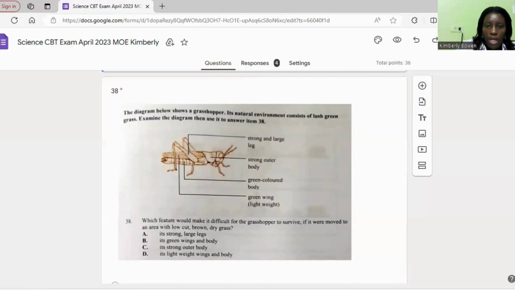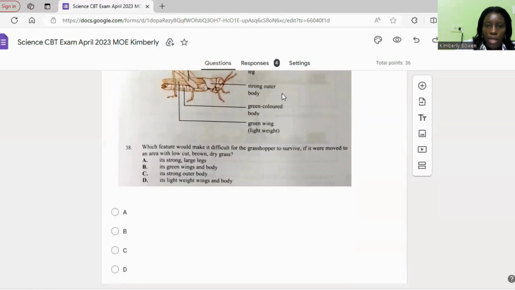So we see strong large legs, a strong outer body, a green colored body, and green wings, lightweight. Which feature would make it difficult for the grasshopper to survive if they were to move to an area with low cut brown dry grass?